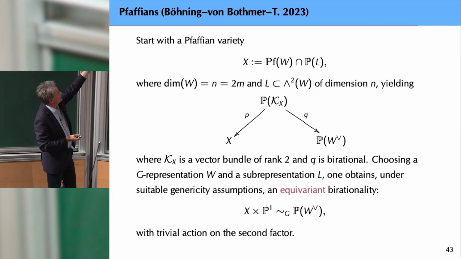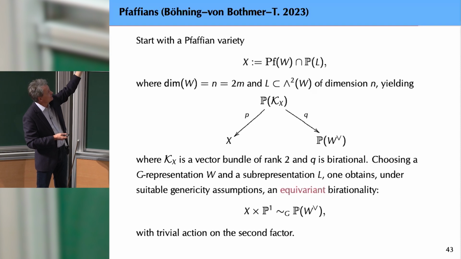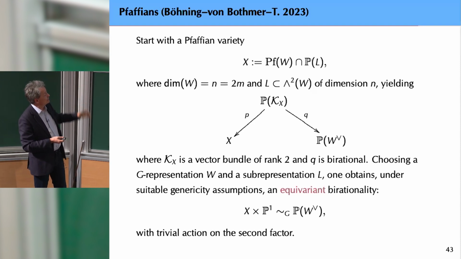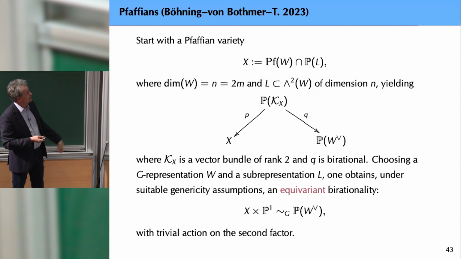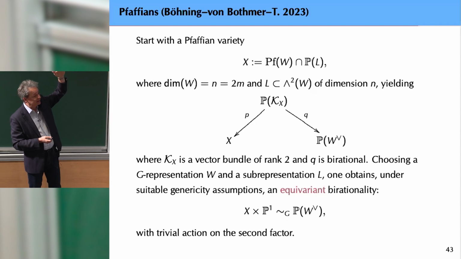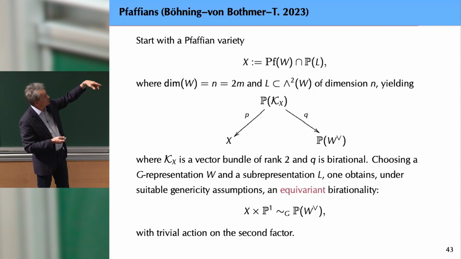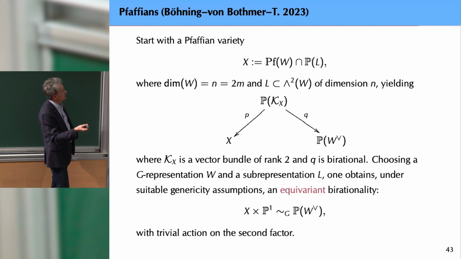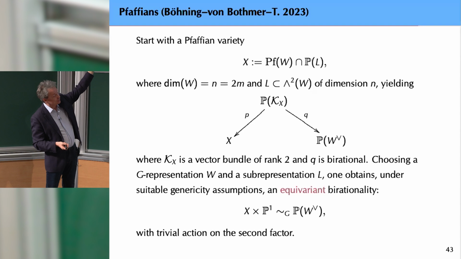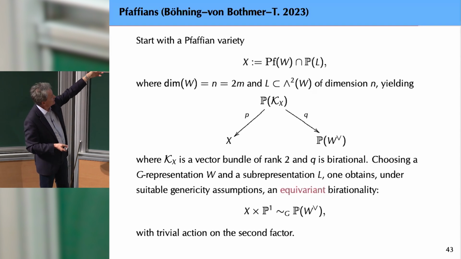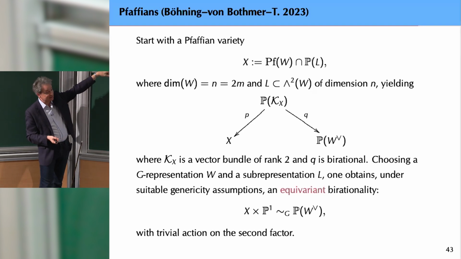You get some kind of Pfaffian variety with, well, a rank 2 vector bundle over this, the kernel bundle. Then you projectivize the kernel bundle. That's sort of a P1 bundle over your X, and then there is another map into the projectivization of the dual, and well, if all of this is compatible with an action of a group, then you get an equivariant birationality of X times P1.